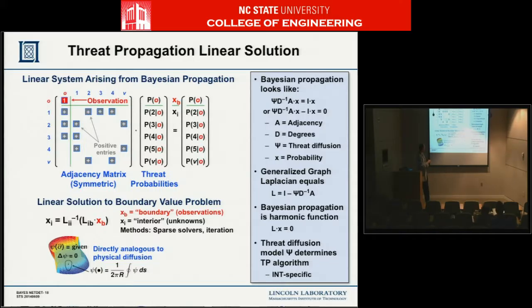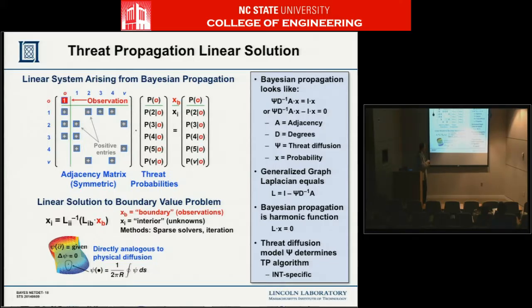And this system here is just an inverse of your Laplacian. Because it's a boundary value problem, this is directly analogous to thermodynamic diffusion, basically any harmonic system. It also shares some of the nice properties, and understanding some of these properties is going to be important.